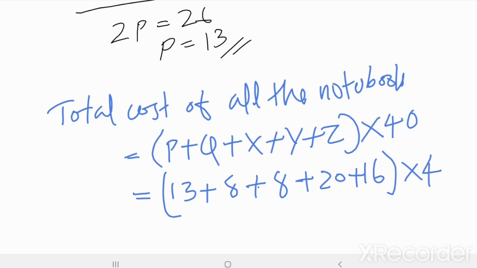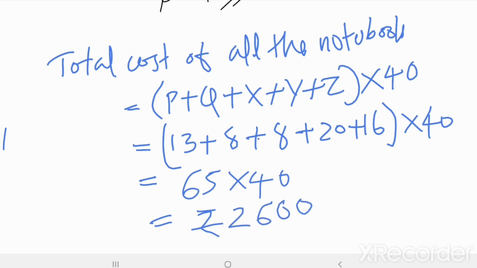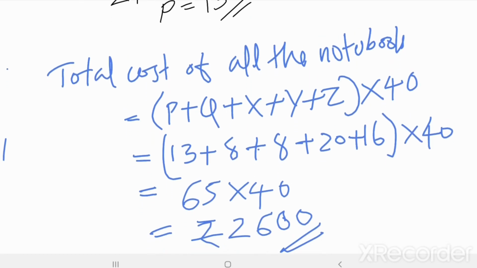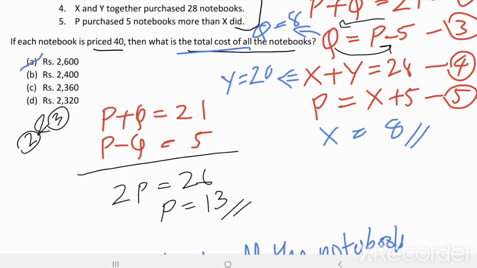Adding these, we get 21, then 41, 57, 65. 65 into 40, we get rupees 2,600. So total cost of all the notebooks equal to rupees 2,600. Option A is the right answer.